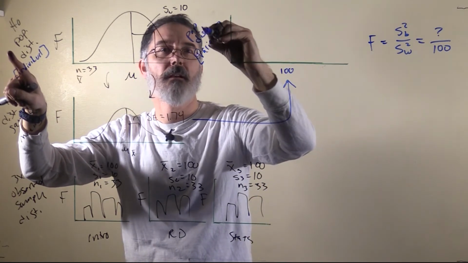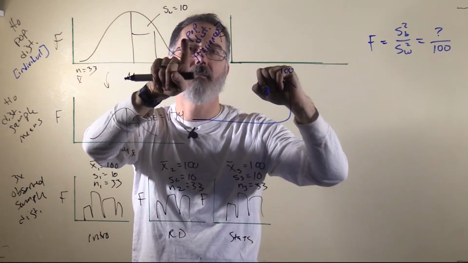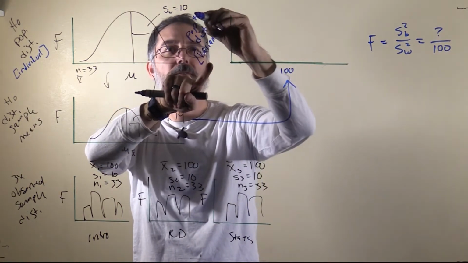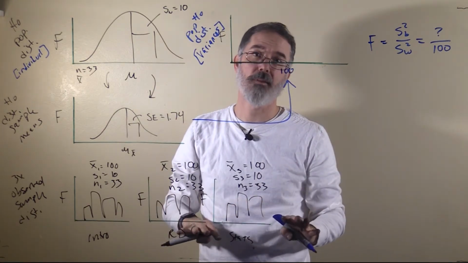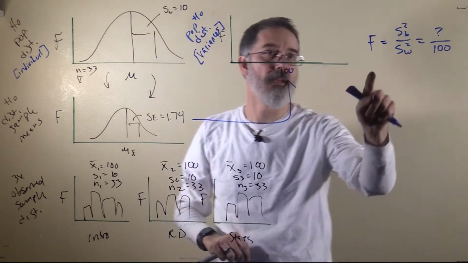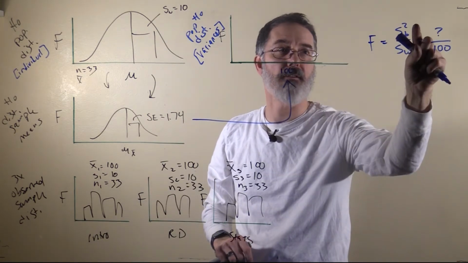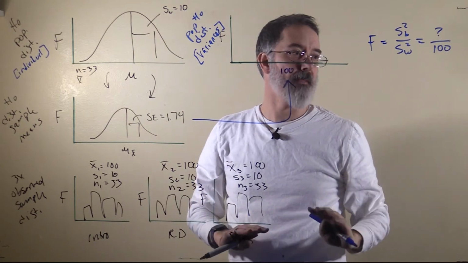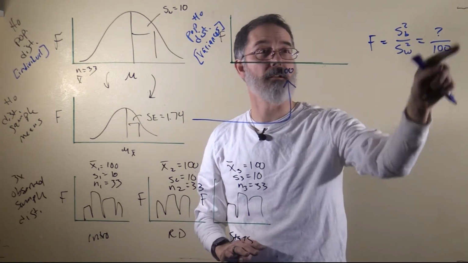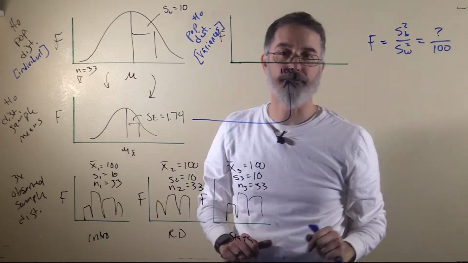So this is going to be a distribution of population variances, assuming the null hypothesis is true. This isn't really something that we've looked at in the past. The F ratio, the F statistic, is actually a ratio of those two kinds of variances, but it didn't have a distribution. But our F distribution is going to be right up here.